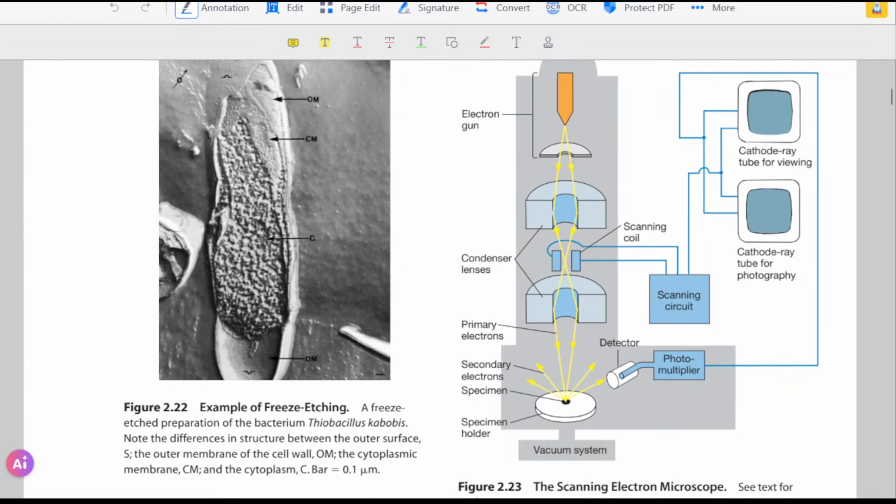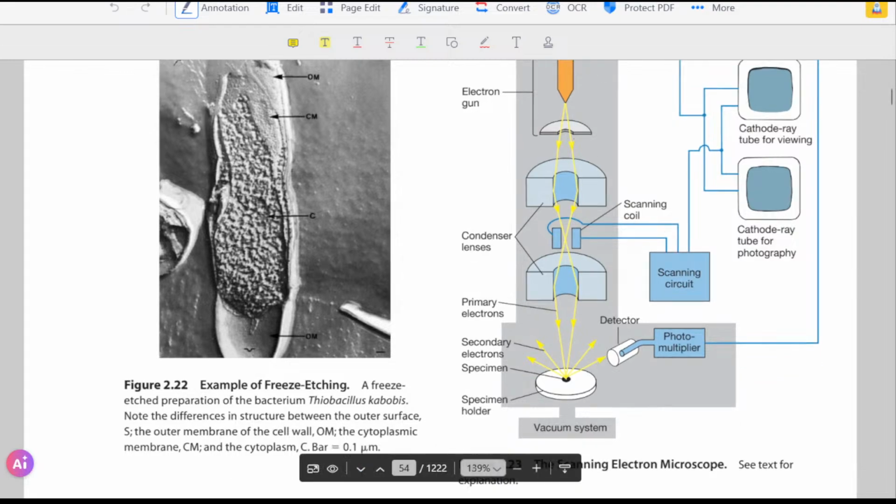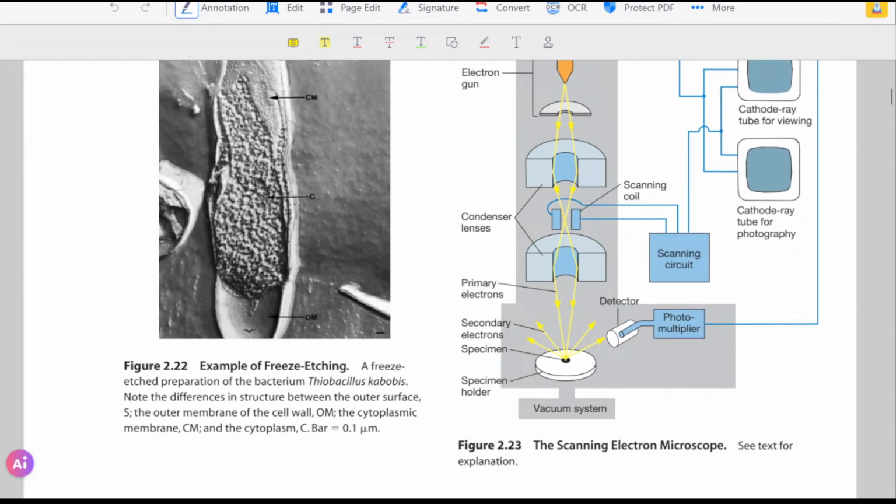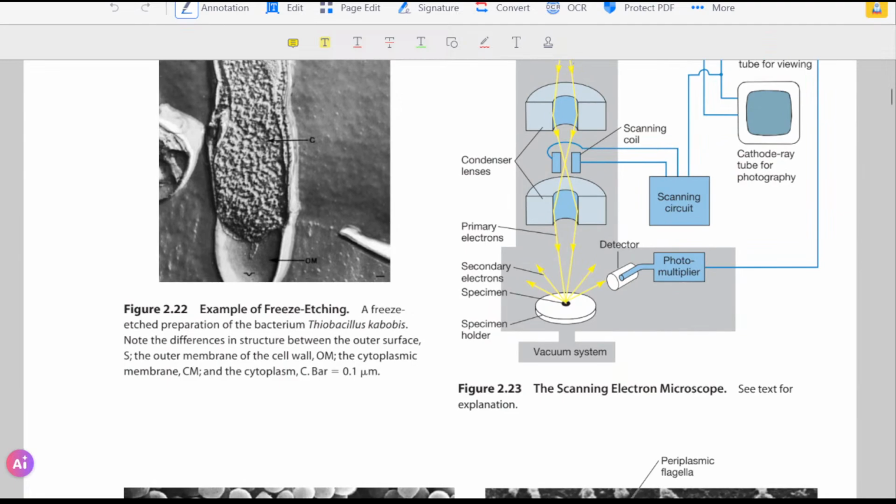Because it is fractured, it doesn't matter if it is fractured in a good way or bad way or in a regular way. It is just cut, and every part of the cell is exposed up to the nuclear membranes. OM is the outer membrane, CM is the cytoplasmic membrane, and the scale bar is saying that this area is 0.1 micrometer.